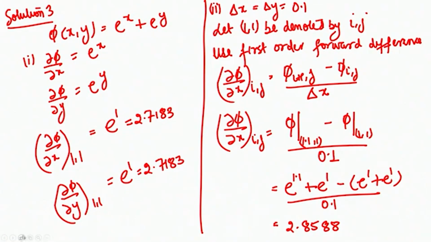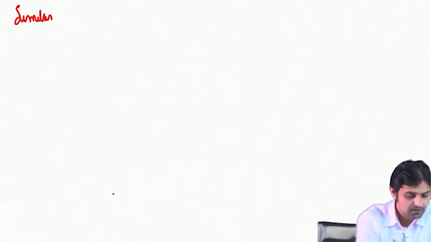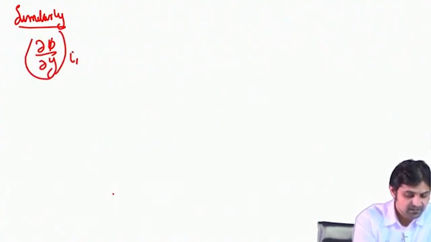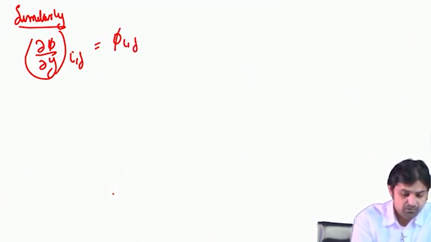So we are going to erase everything here and proceed. So similarly, del phi by del y at i, j will be phi of i, j plus 1 minus phi of i, j, divided by delta y.